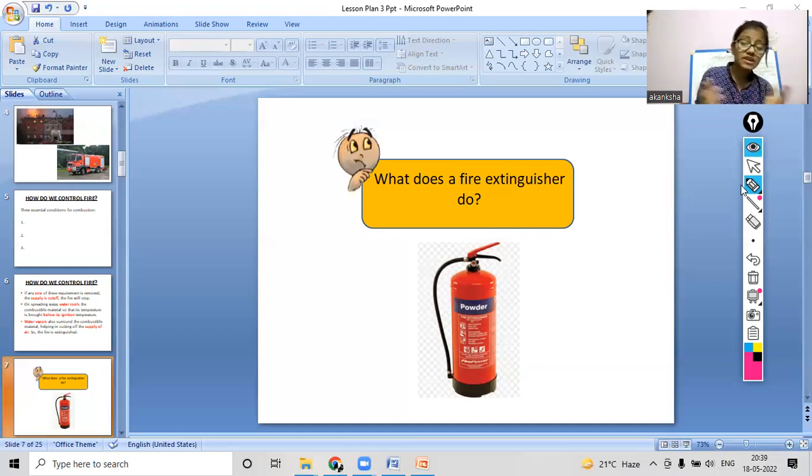In big institutions, like hospitals, also, it is present. So what this does is it extinguishes fire, right? There's some white smoke coming out of it, and if you put that white smoke on fire, the fire extinguishes. So this is the main function performed by a fire extinguisher. We will see it in more detail later. So this was the question all about.